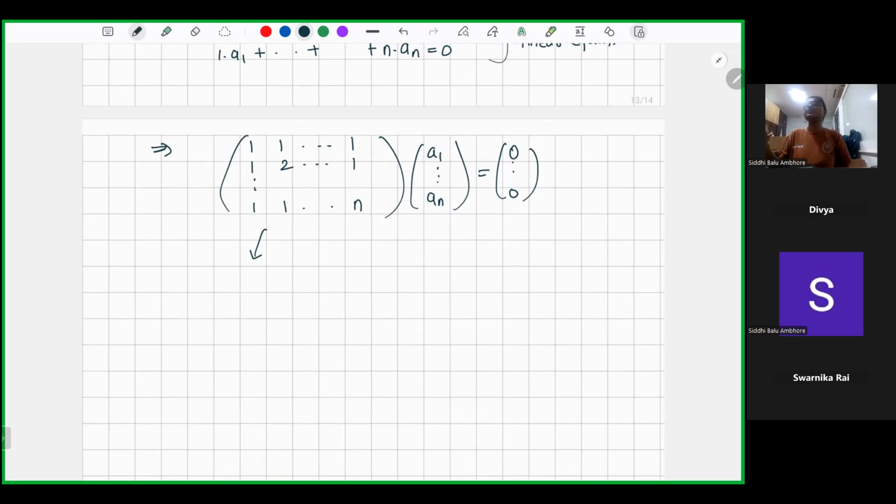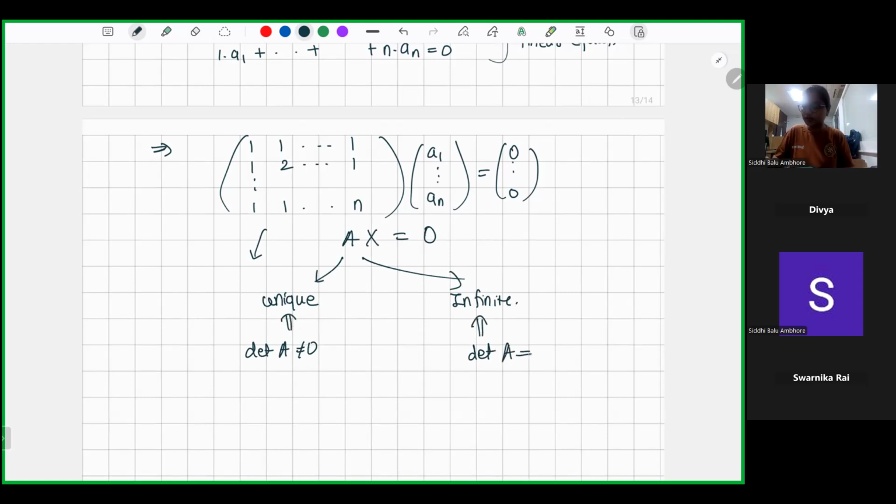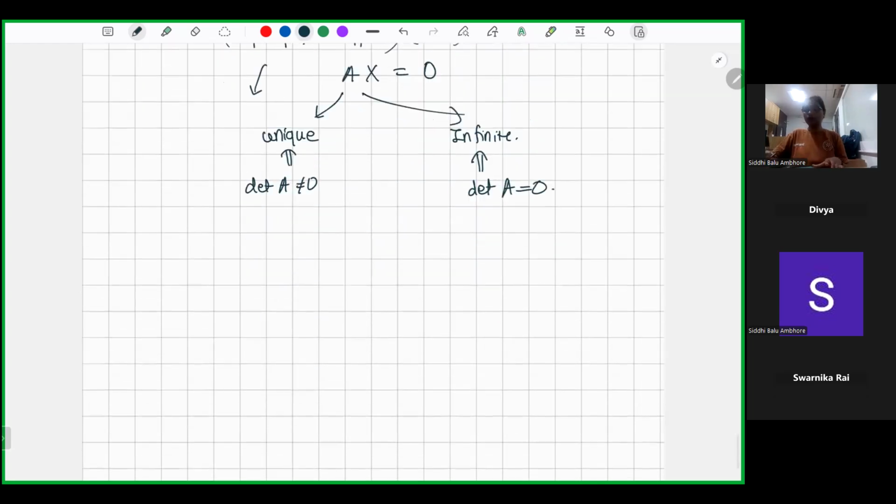So in case of AX = 0, there is a unique solution if determinant of A is non-zero, and infinitely many solutions if determinant of A is 0. We have these two possibilities.